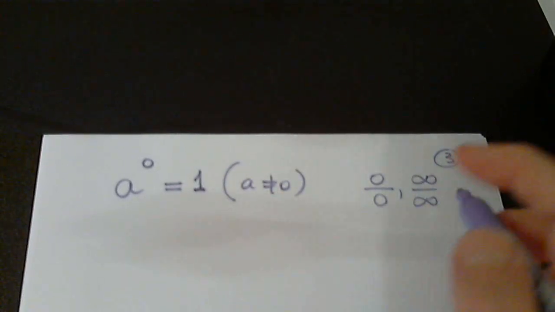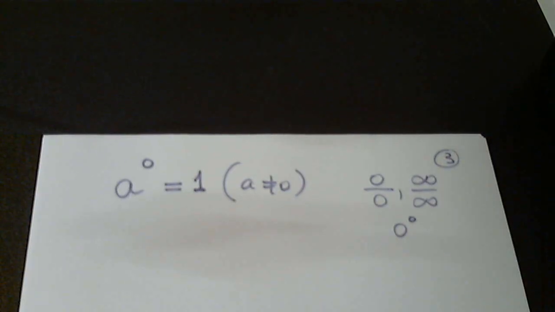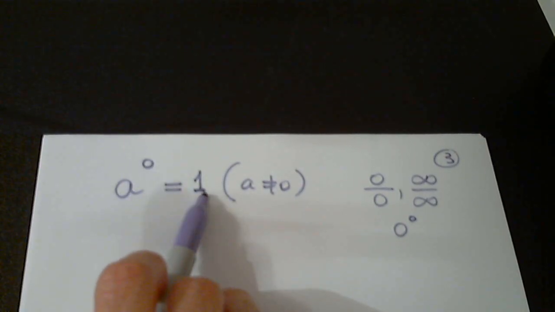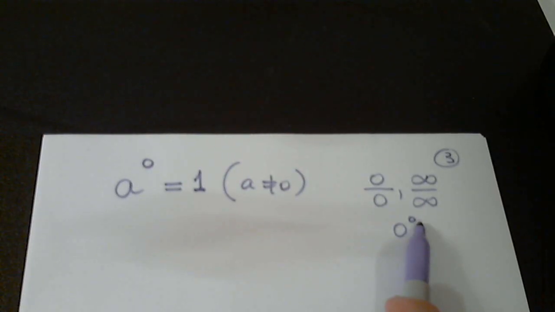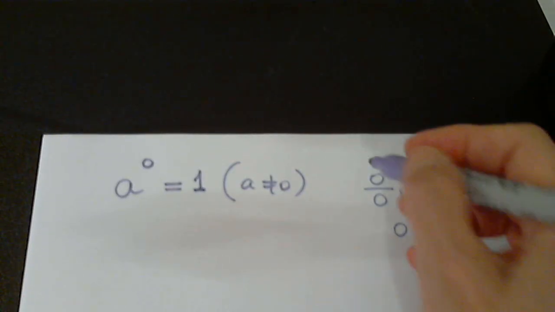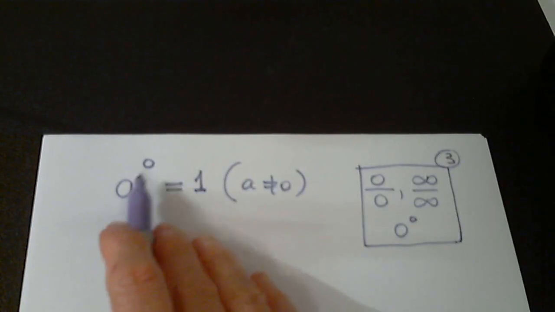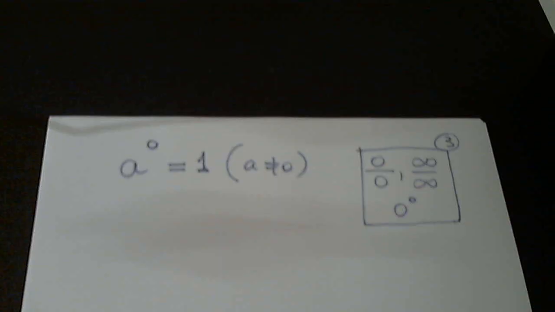This is one of them, 0 raised to 0. So any number raised to 0 is 1, but 0 raised to 0 is an indeterminate case. We don't know what the outcome is. So please remember, any number raised to 0 equals 1.